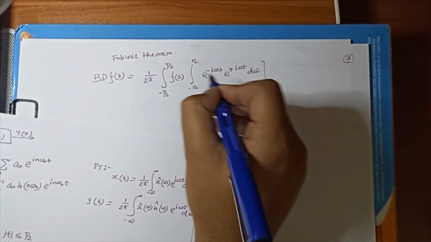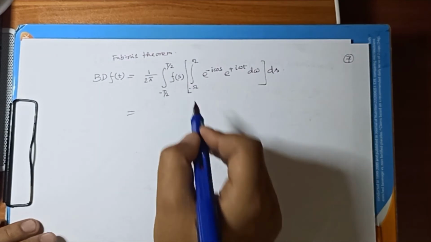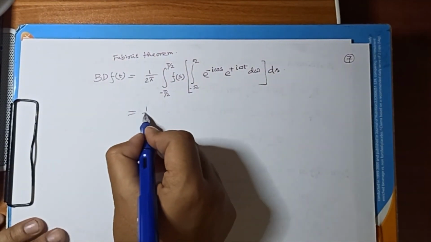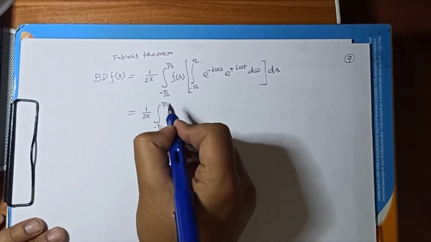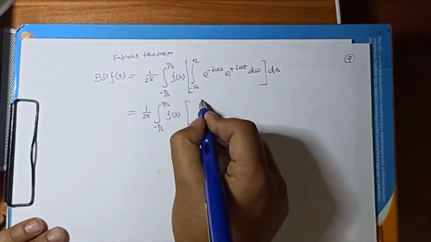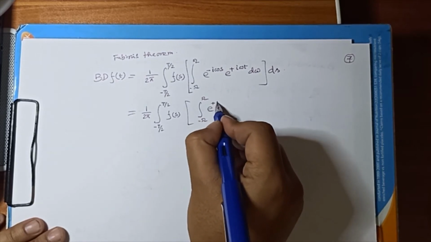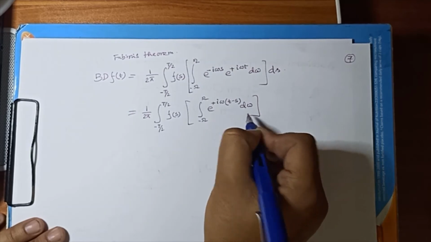This is your inside integral on the frequency, and outside is ds, which is time. Now you perform the inside integral: minus t by 2 to t by 2 fs, and this is minus omega to omega e to the power plus I omega t minus s d omega ds.